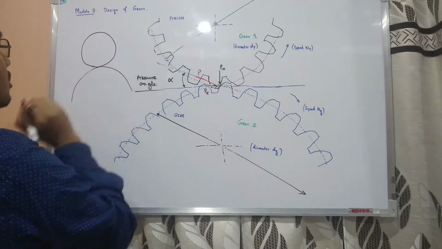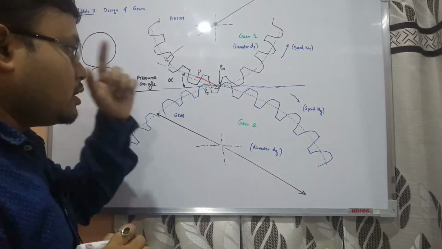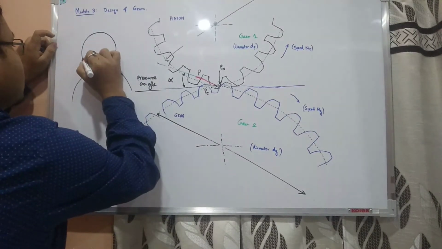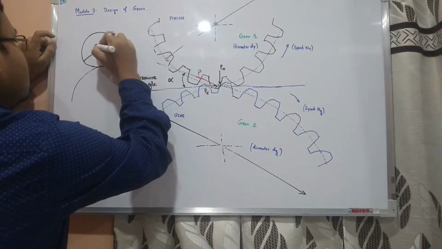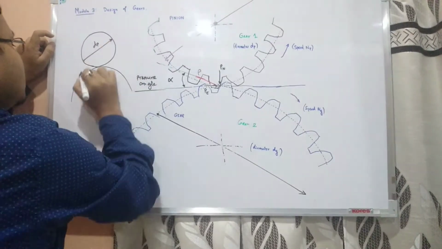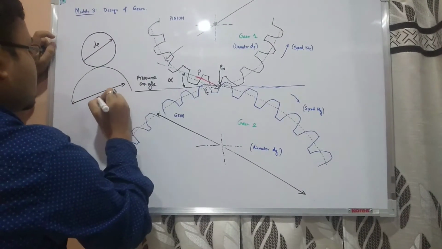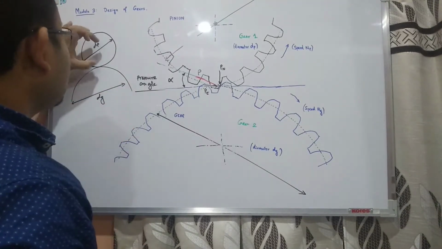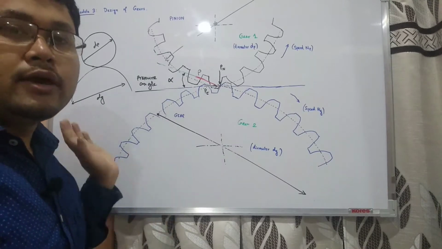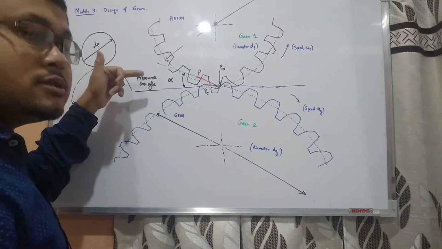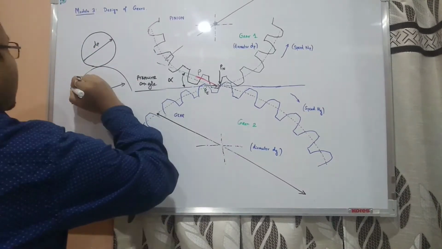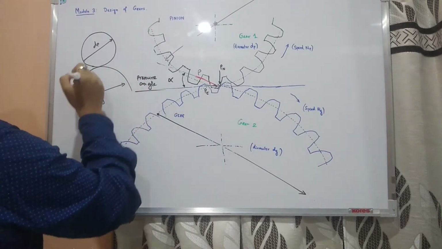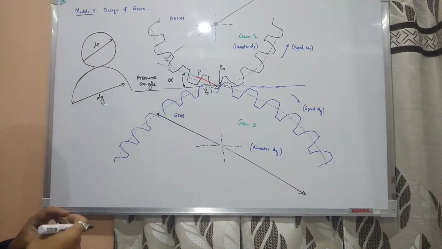they purely roll upon each other and their speeds will be the same. At a particular diameter, dp for the pinion and the diameter of the gear, it will follow the law of gearing. It will have a common tangent, and that particular diameter is called the pitch circle diameter.